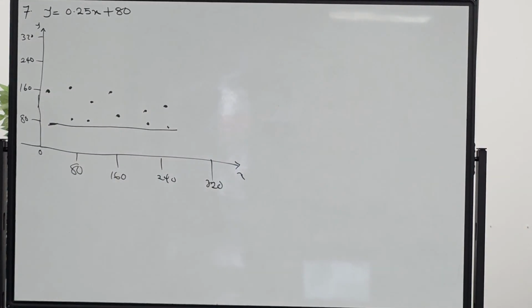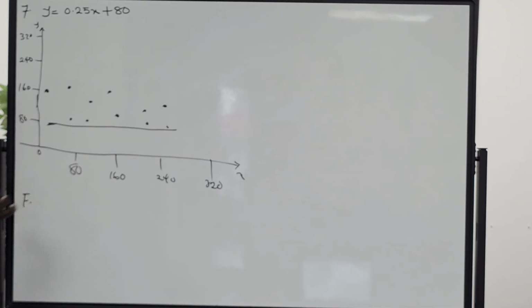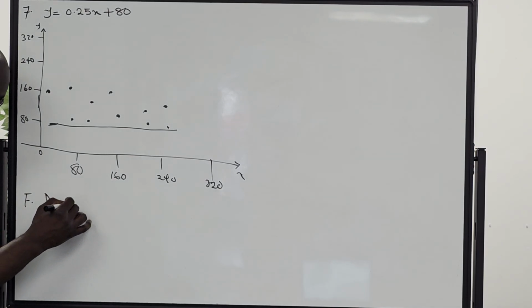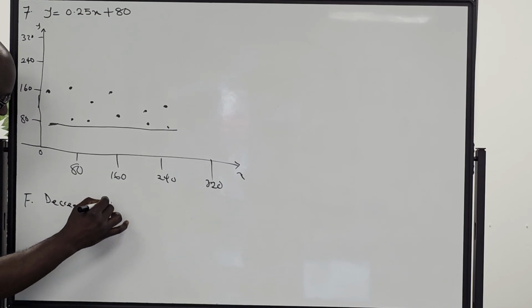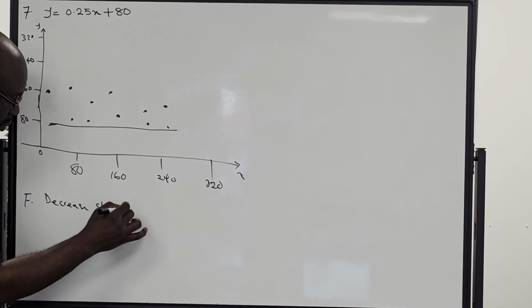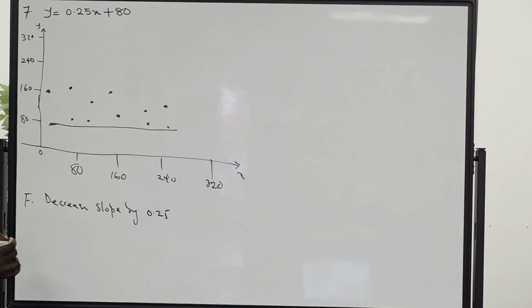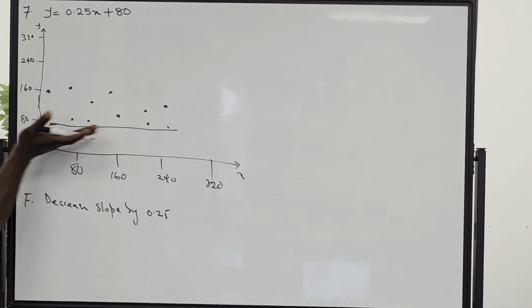And they say option F, decrease slope by 0.25, 25%. If you decrease the slope right here, which means more straight, that's the wrong answer.